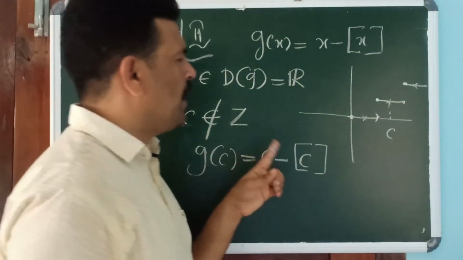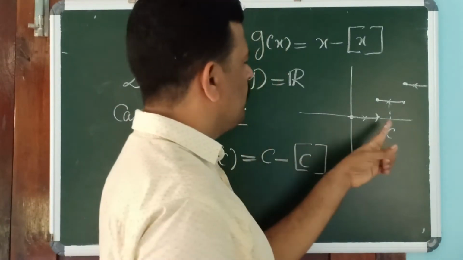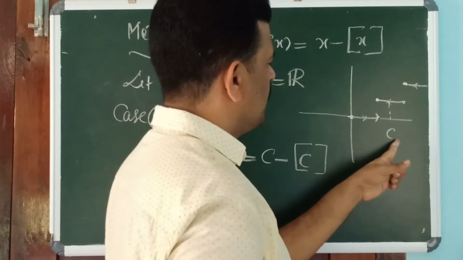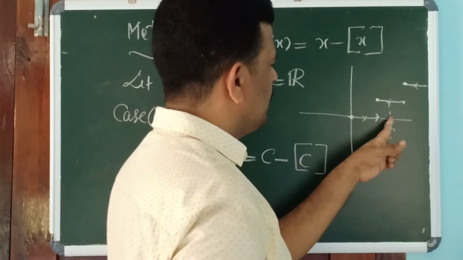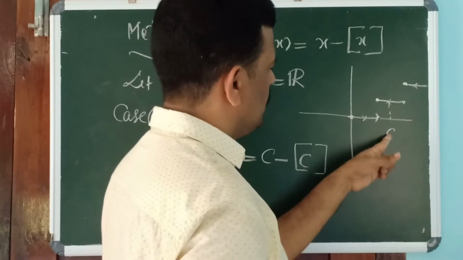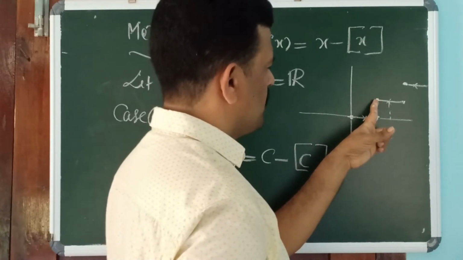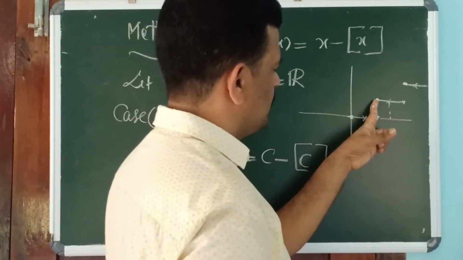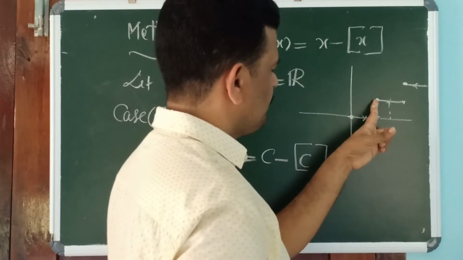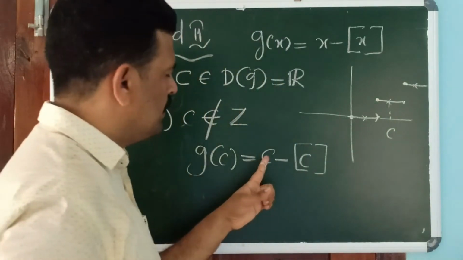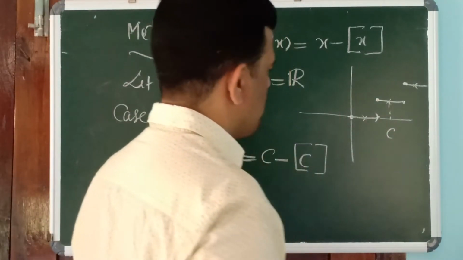Then, if you find the value of the greatest integer function of C, we can see that it is the integer less than or equal to C. That is this number. That means it is C minus this.